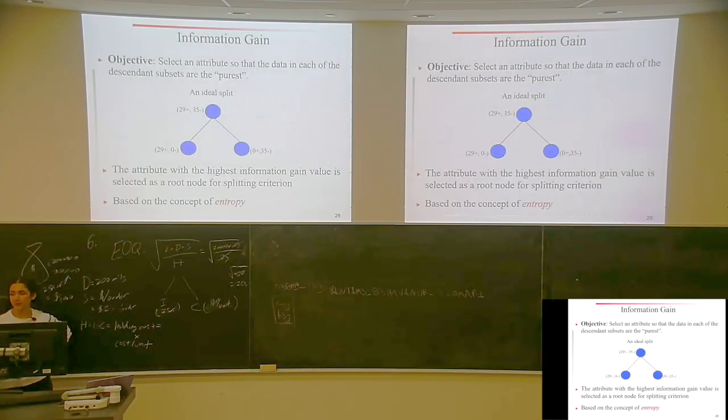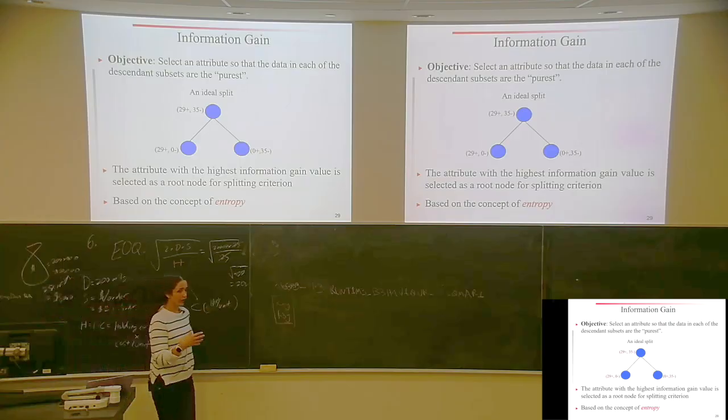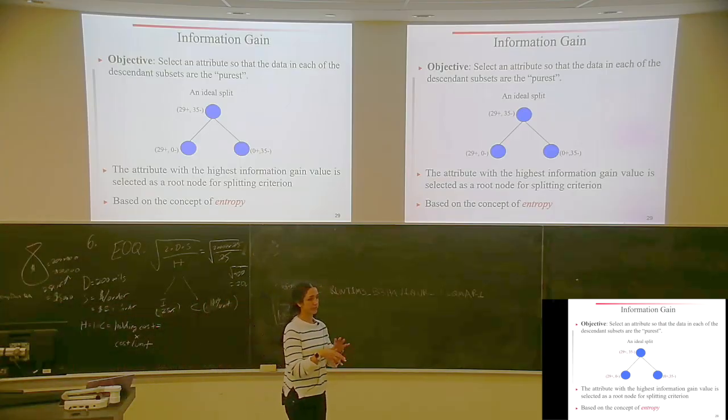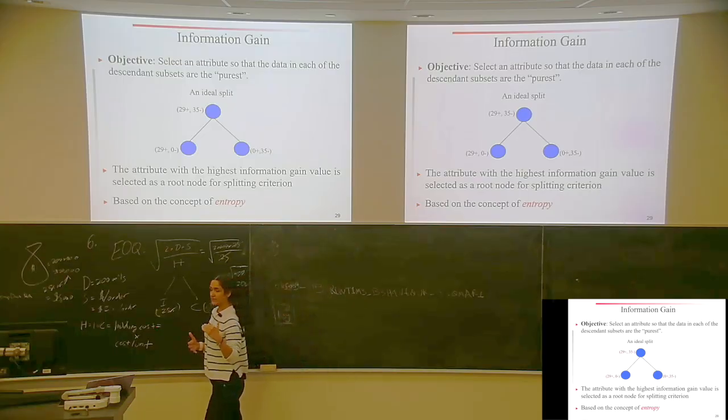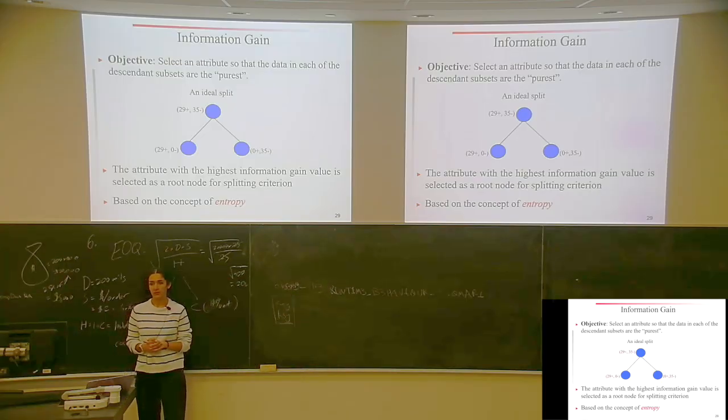The main objective of information gain is finding which attribute we want to select at each level. For example, should I select outlook? Should I select humidity? Or wind, and so on. And then the attribute with the highest information gain is selected as the root node. Why? I'm going to explain when I explain the formula of information gain; you will better understand why the attribute with the highest information gain is selected.